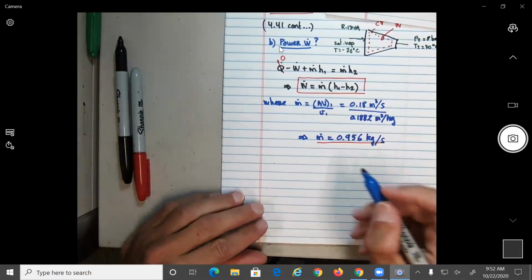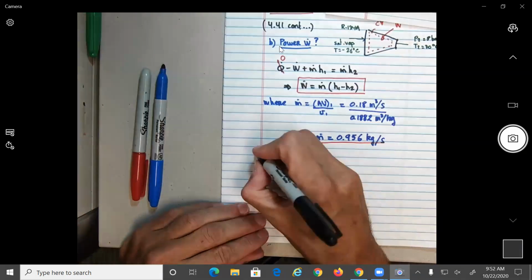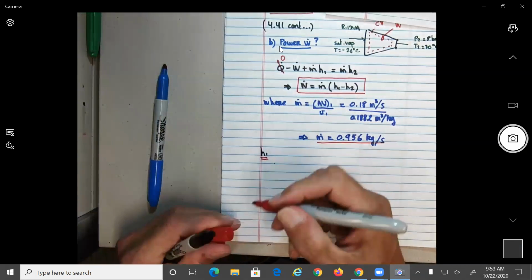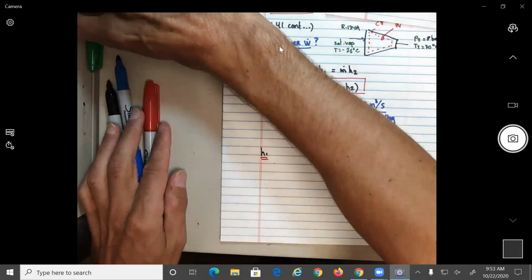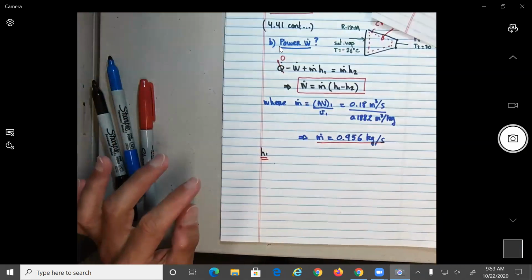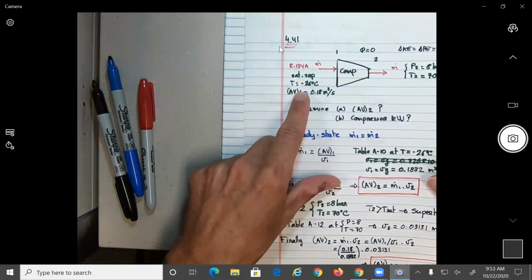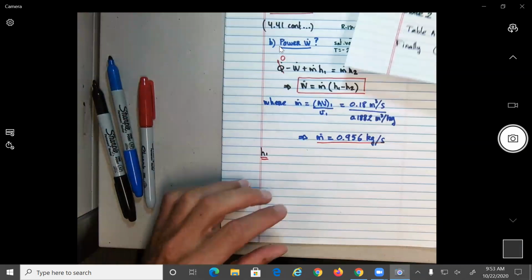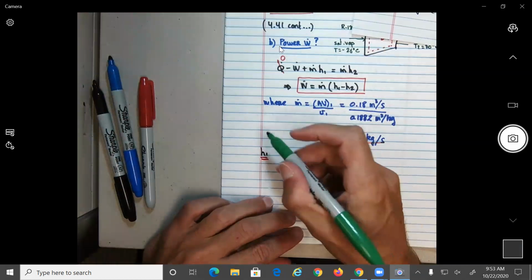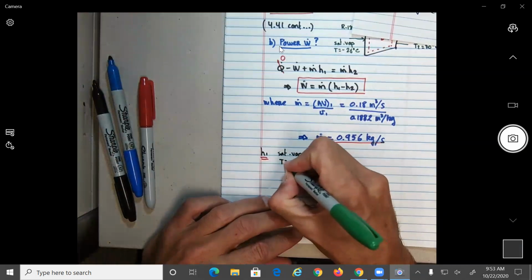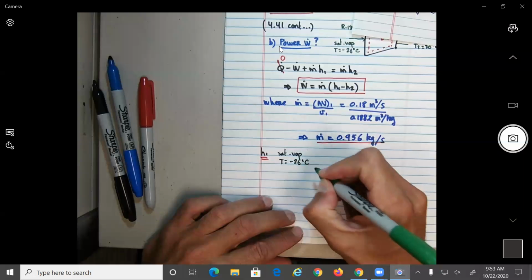Okay? So for h1, again, we're going to have to go to the tables. So what do we know as state 1? Do we know two things? We know that the state is saturated vapor, and we know the temperature, no? Okay? So state 1 will be saturated vapor, T equal to negative 26 degrees Celsius.